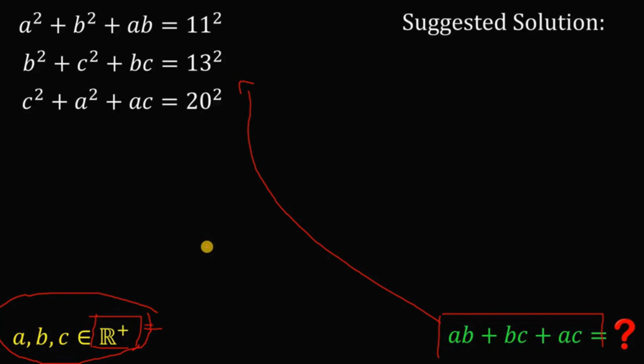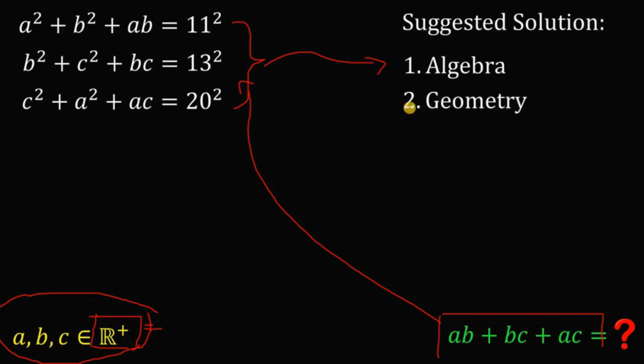One suggested solution is using algebra, of course, because this given has a lot of variables and numbers, so it is algebraic in nature. And my second suggested solution, this is my favorite, we can convert this to geometry.